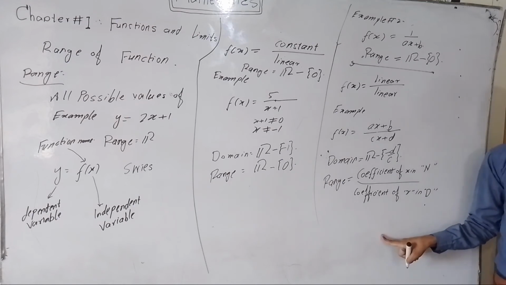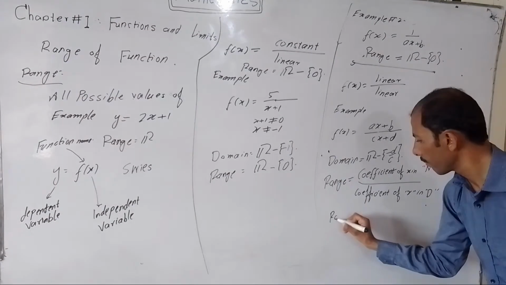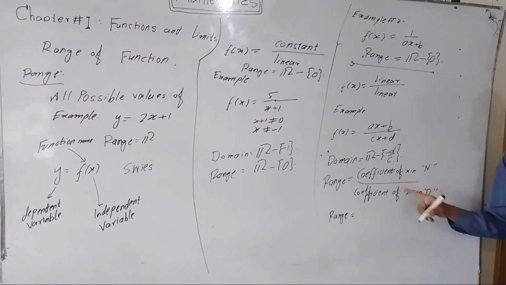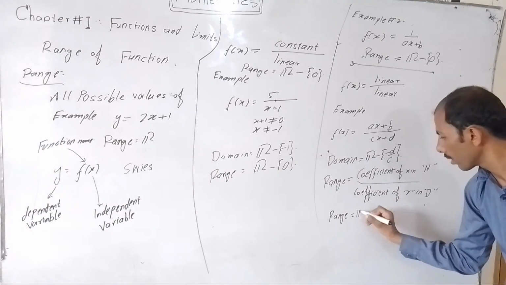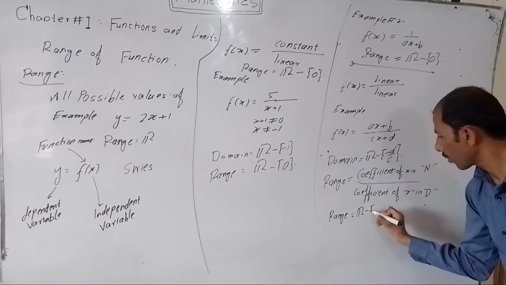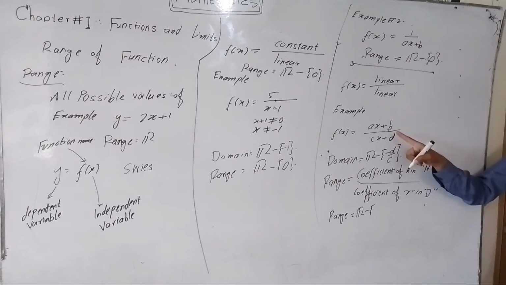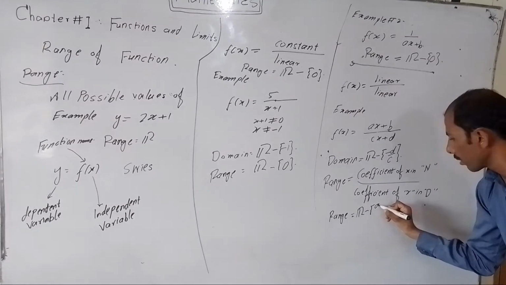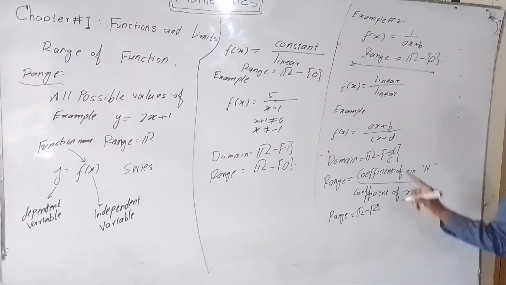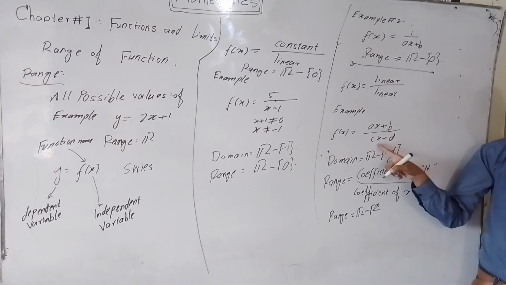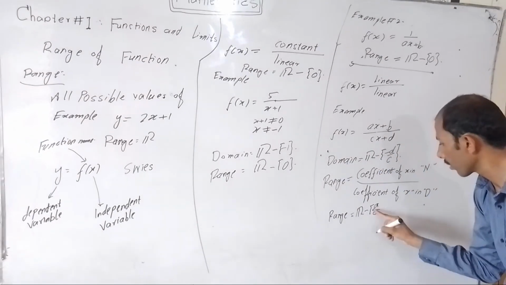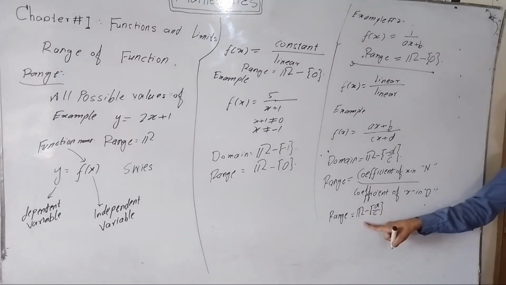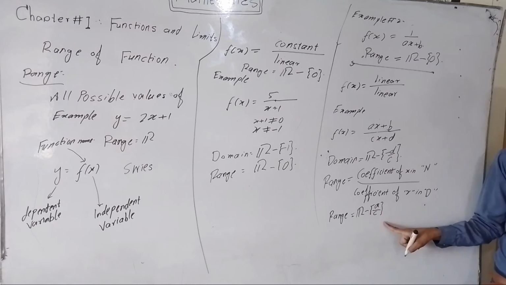So range is equal to all real numbers other than: coefficient of x in the numerator is a, coefficient of x in the denominator is c. So range is equal to all real numbers other than a over c.